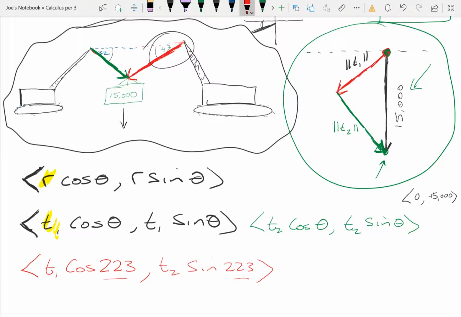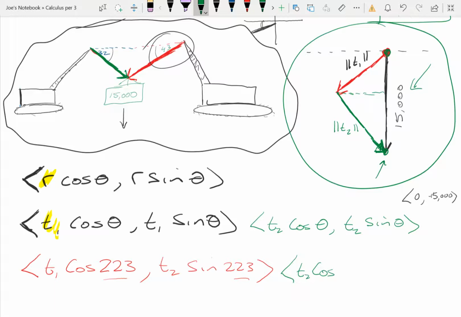So now we're going to do the green vector. The green vector is tension 2 cosine. Well, let's think about this one. This one is 32 degrees below the horizon. Technically, that's fine.